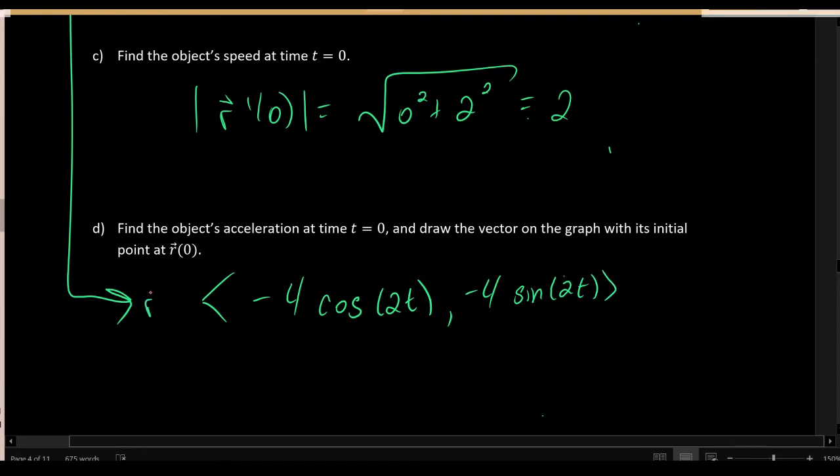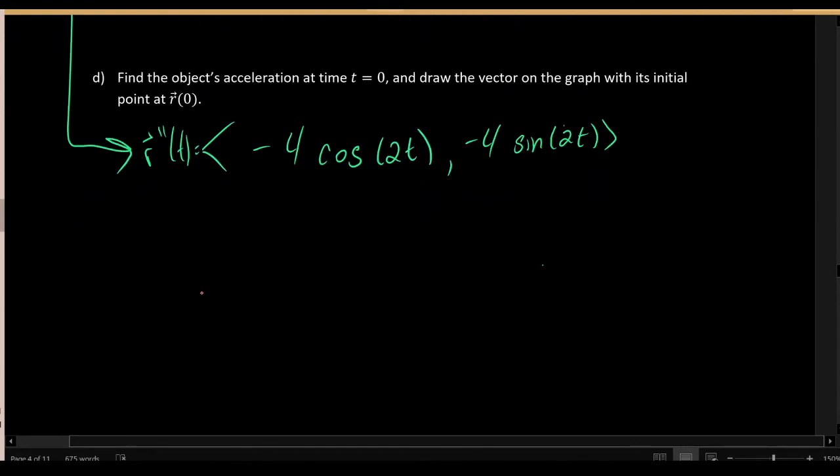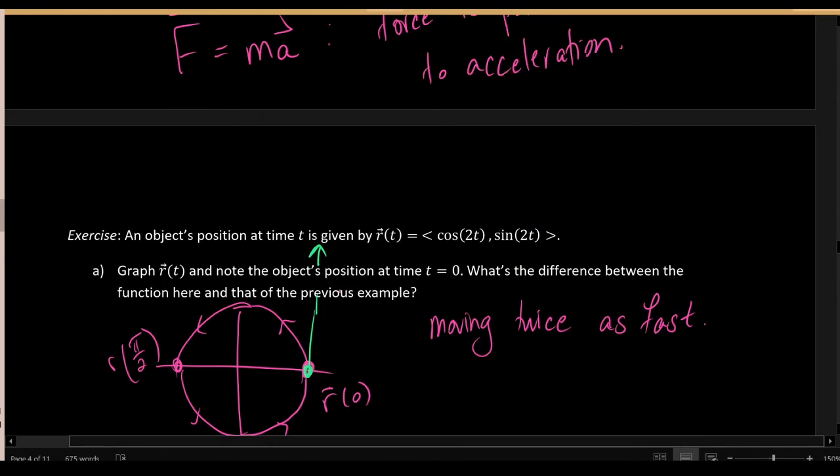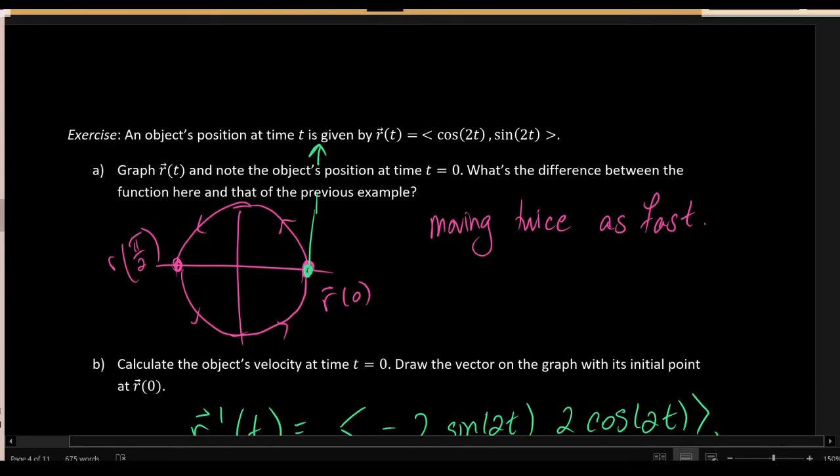This formula gives the value of the acceleration at any given time. If I then, after having found the derivative, plug in the given time t equals 0, then I get negative 4, 0, which is actually 4 times as long as it was before. So to properly graph this acceleration vector, it would have to be 4 units long, so pointing all the way here to the left side.